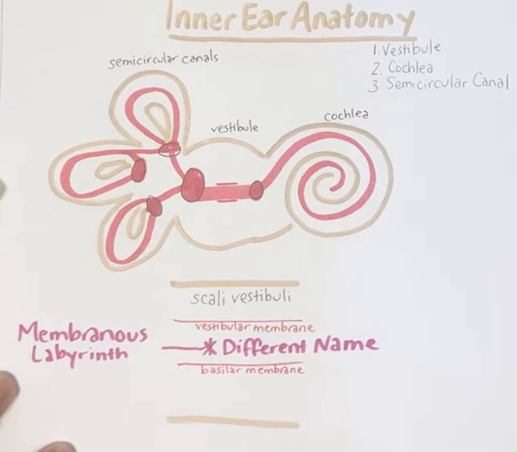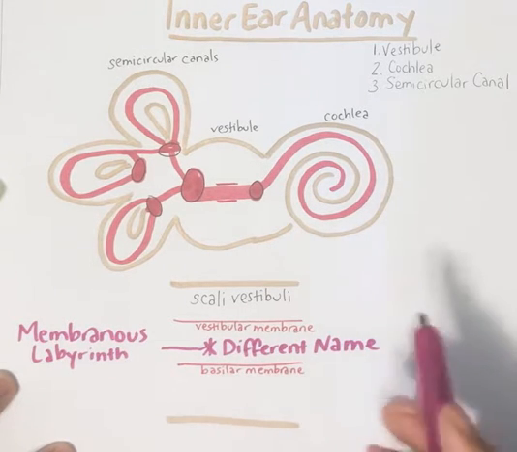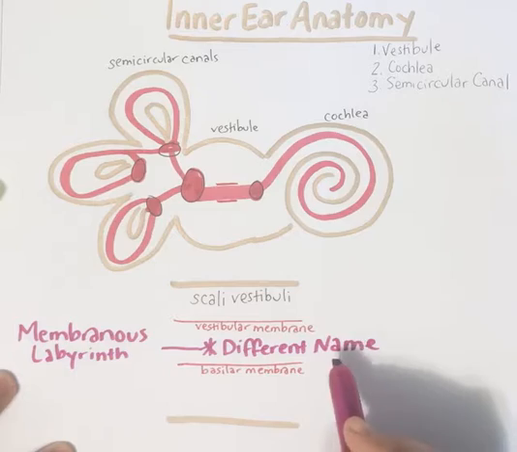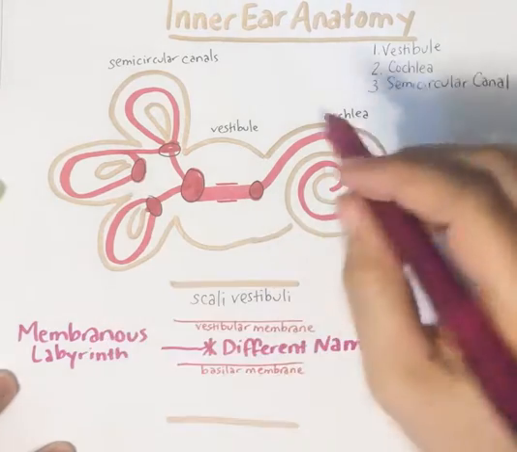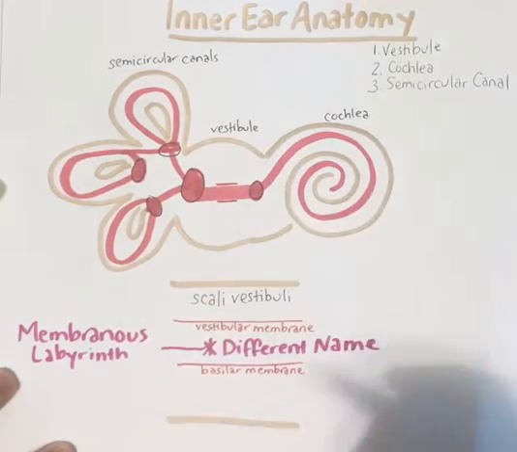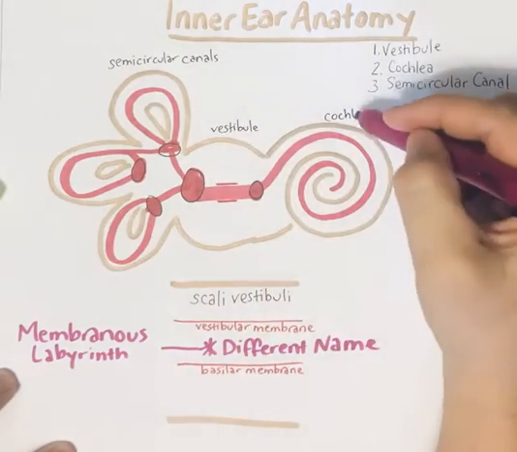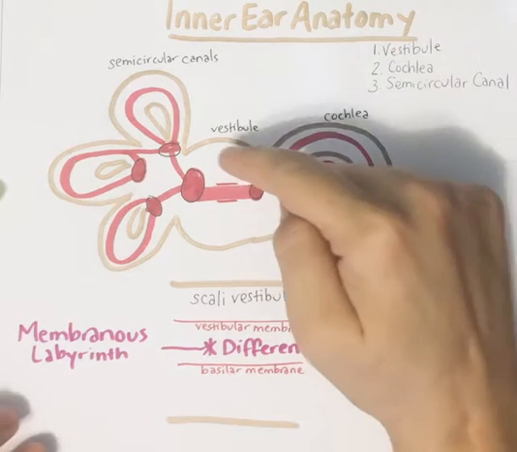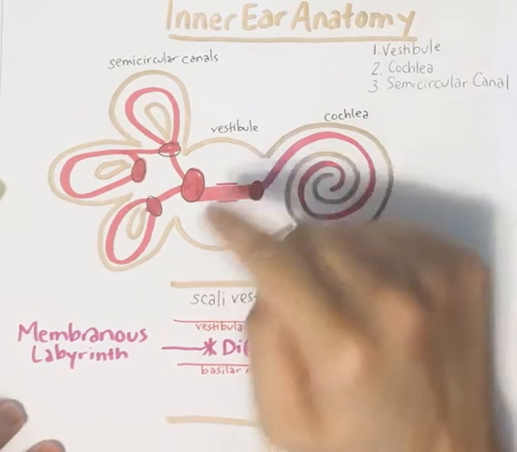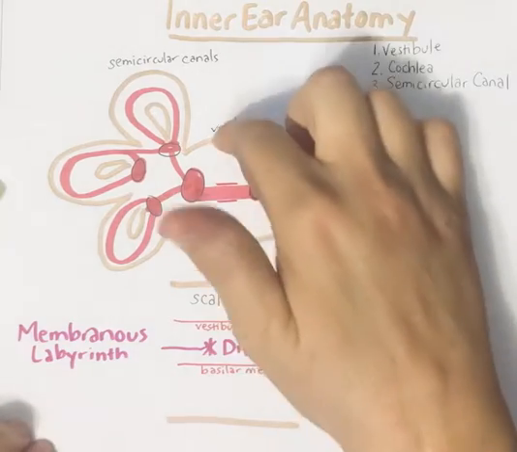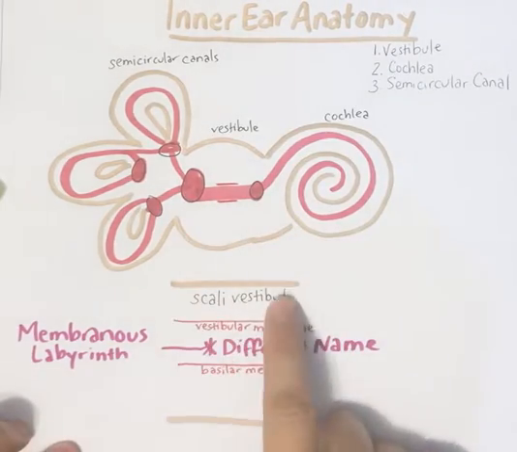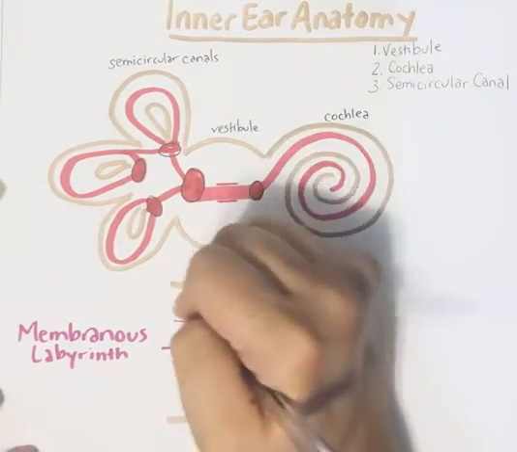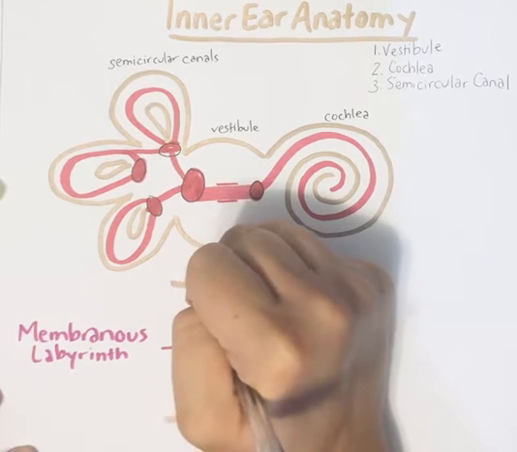So the membranous labyrinth, the membranes are going to stay the same, but we're literally just going to say a different name to describe the membranous labyrinth in each of the areas in the vestibule, in the cochlea, and in the semicircular canals. But when we look at the three chambers, so literally you have a top layer, and the top layer, whereas the vestibule, this represents bone. This is bone.